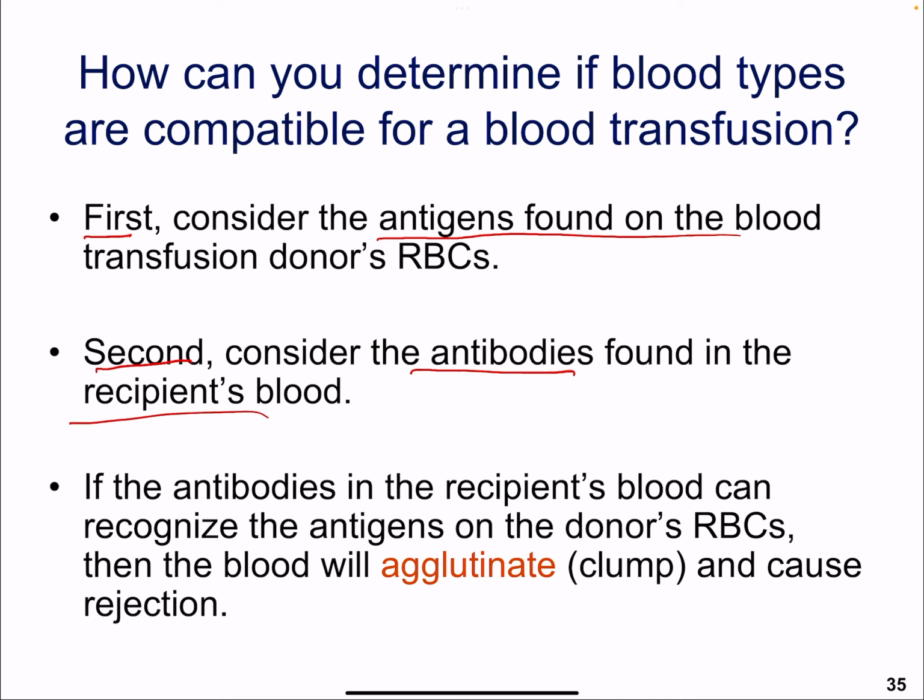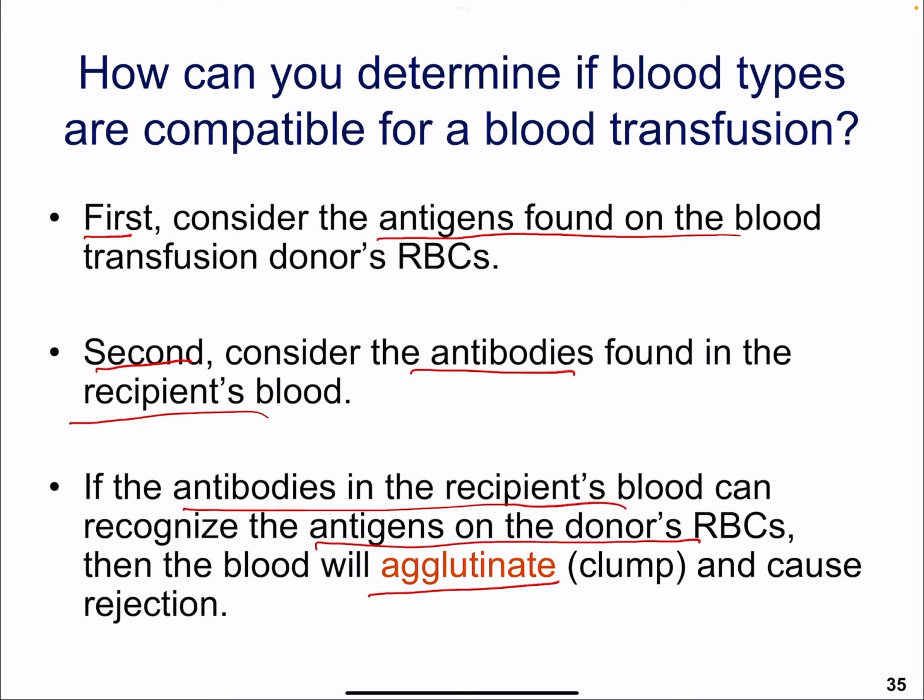And then see what the potential outcome is going to be. If the antibodies in the recipient can recognize antigen in the donor blood, this is going to cause a reaction that we call agglutination or clumping.